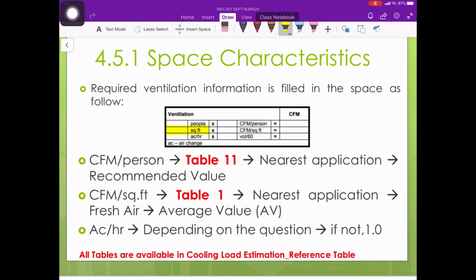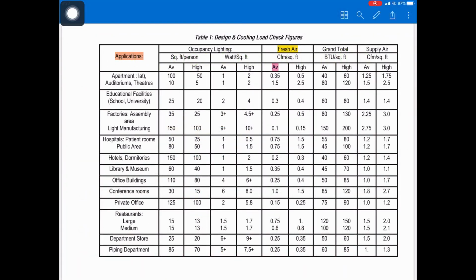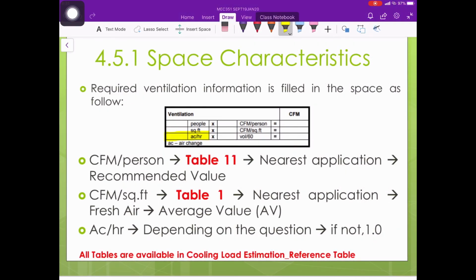The square feet is the floor area that has been calculated previously, times the CFM per square feet that will be retrieved from table 1 for the nearest application. We are going to choose the average value for the fresh air. Air change per hour depends on the space application. We should refer to the guidelines for this.